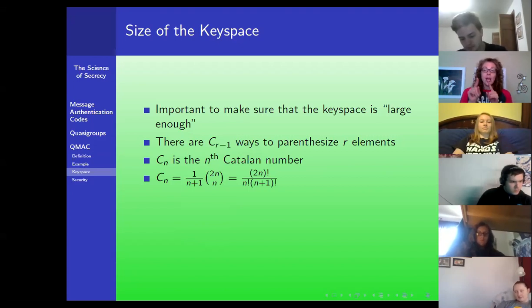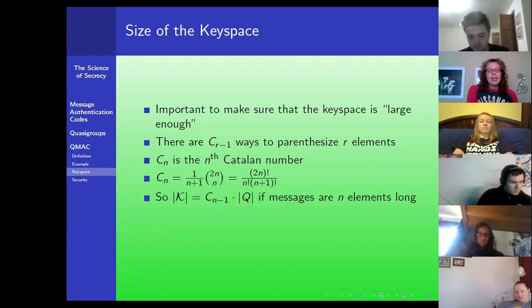And remember that we also have this one more thing. We've got this element, the secret element that we throw onto the end of the key. So the size of the key space, if my messages are broken up into blocks of size n, that means I have n minus 1 multiplications. So there are C sub n minus 1 ways to do that.